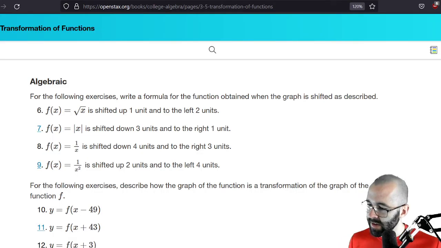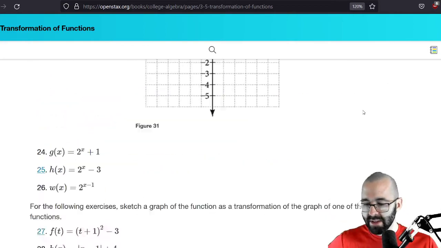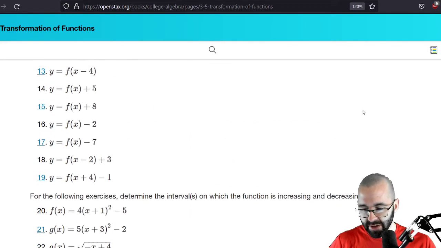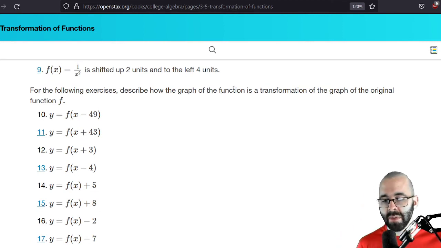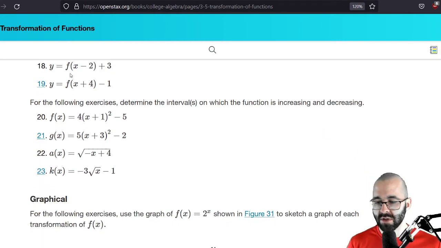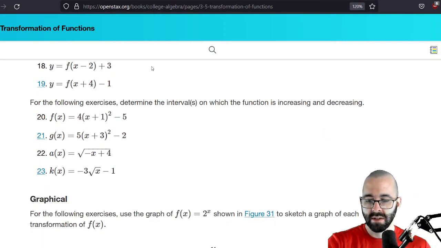All right. Next up, let's look at number 18. Describe how the graph of the function is a transformation of the original function. So what transformations are being applied here in number 18?